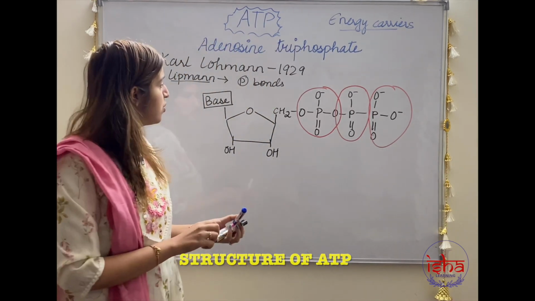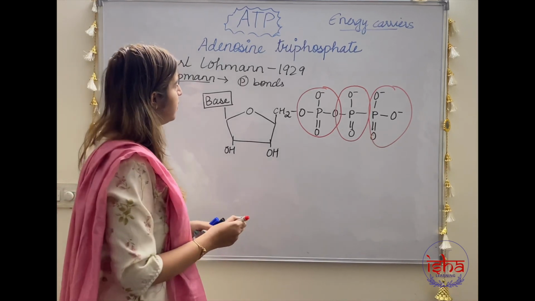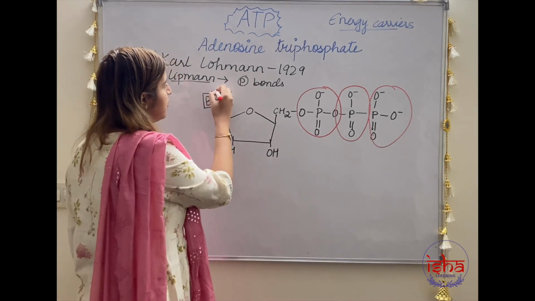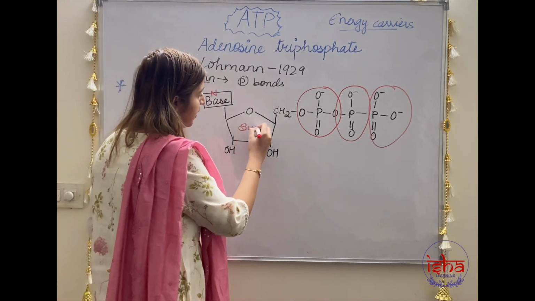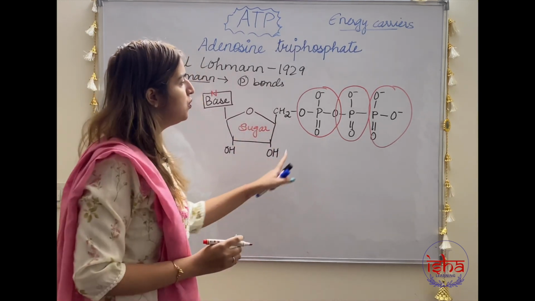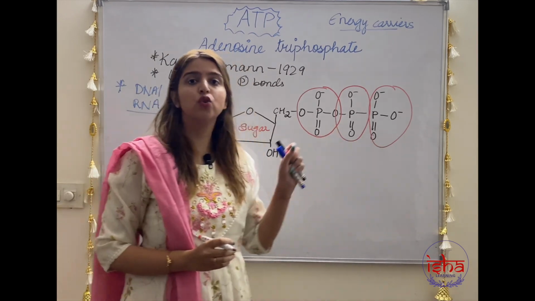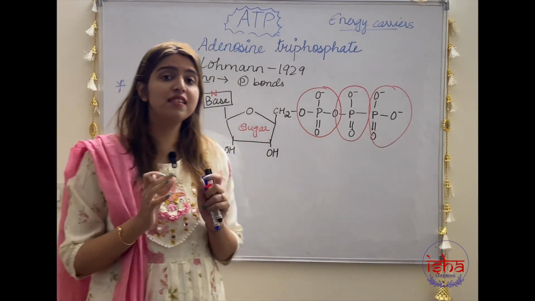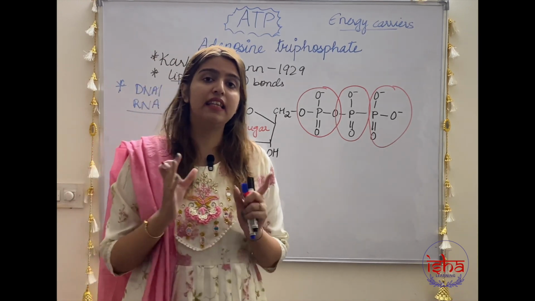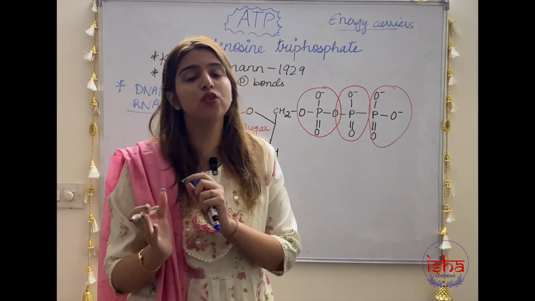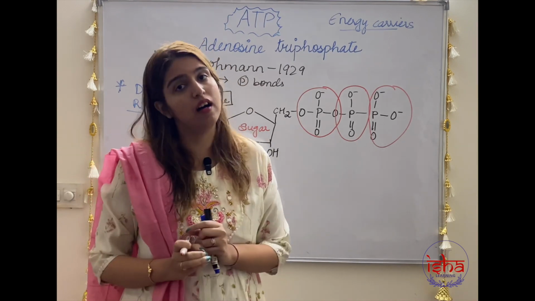If you look at the structure of ATP, you'd realize that there is a nitrogenous base. Besides that, there is a sugar. And on top of that, you have 3 phosphate groups. We know that this is the structure of a nucleoside triphosphate, and they are responsible for eventually forming your DNA and RNA.